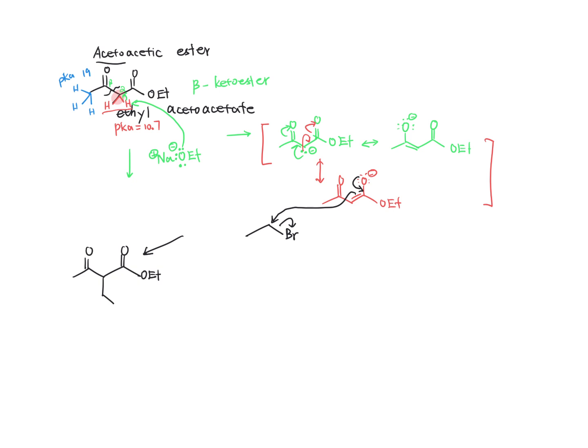After that we are going to introduce acidic conditions, which basically is a hydrolysis of the ester. When the ester undergoes hydrolysis, that ester will become a carboxylic acid. So on this side, now we are going to have a carboxylic acid.